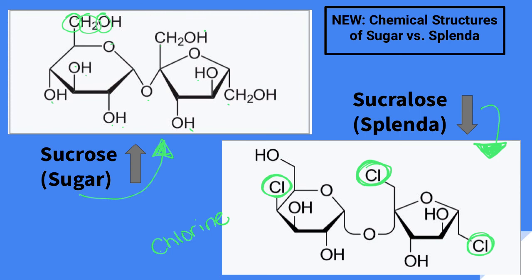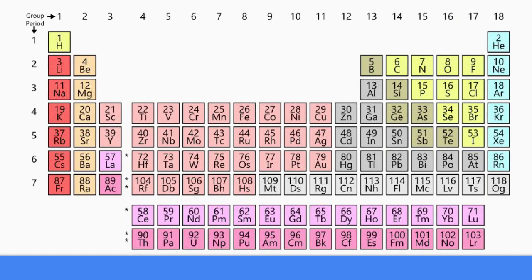So this is actually showing you that there is a difference in the chemical structure. So again, this could be a piece of evidence that you use, and then you explain how that difference might have something to do with why the rock candy does not form with the Splenda. So real quick, remember this is the periodic table. I just wanted to point out that chlorine, what we just talked about, is over here.